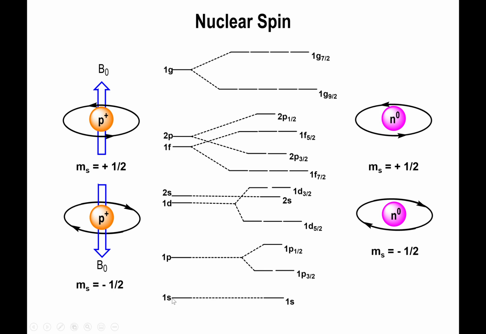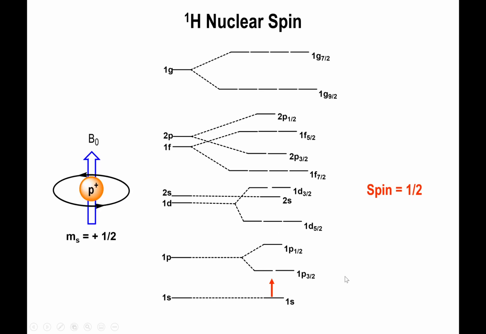This is basically the nuclear orbitals that you populate, and the way this works is that you do this for the protons on one set, and then on a different set, using the same overall look of the diagram, you apply it to the neutrons as well. So this is the way it works.